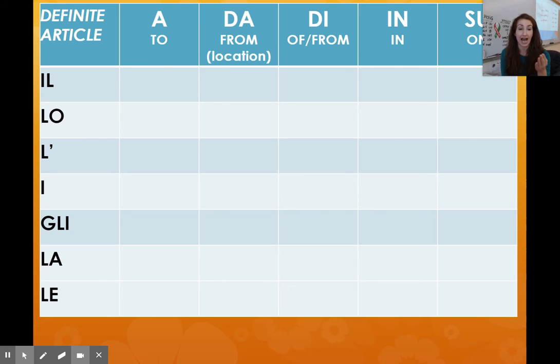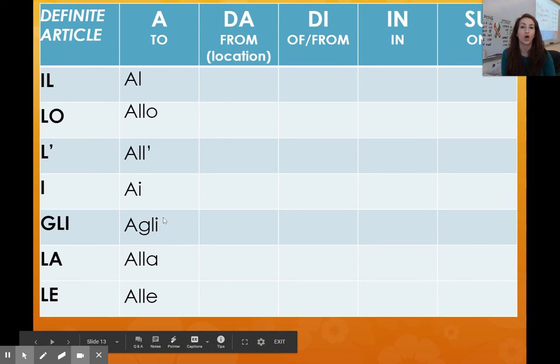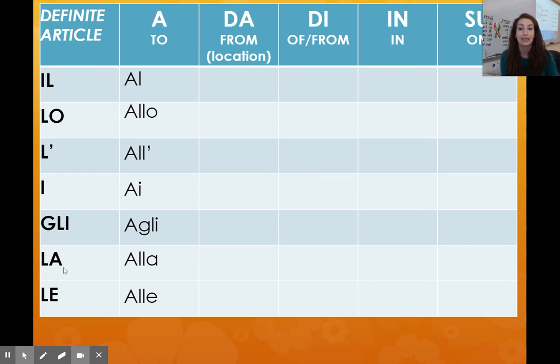If you are using a, which means to or at, it becomes al, allo, all'apostrofo, ai, agli, alla, alle. So if you were going to say, I am going to la scuola, a, la, alla.